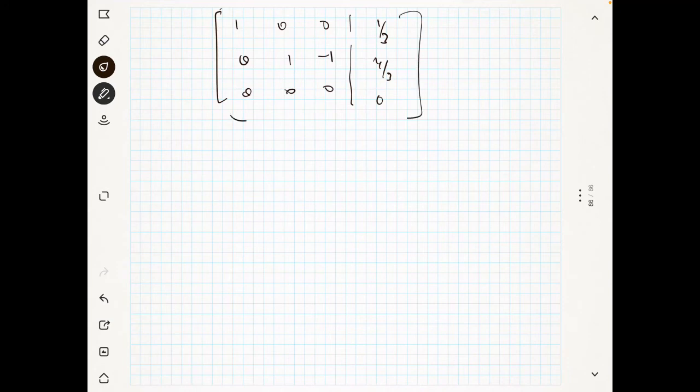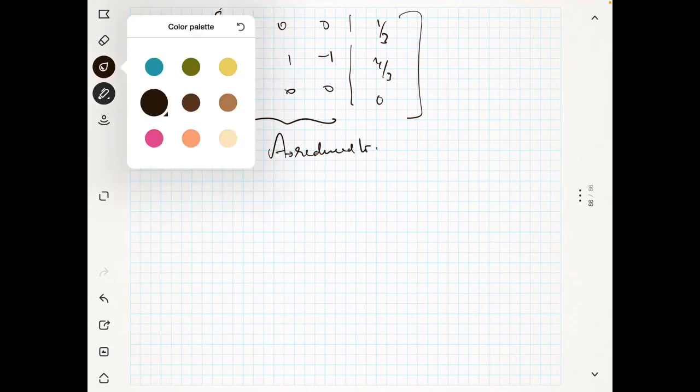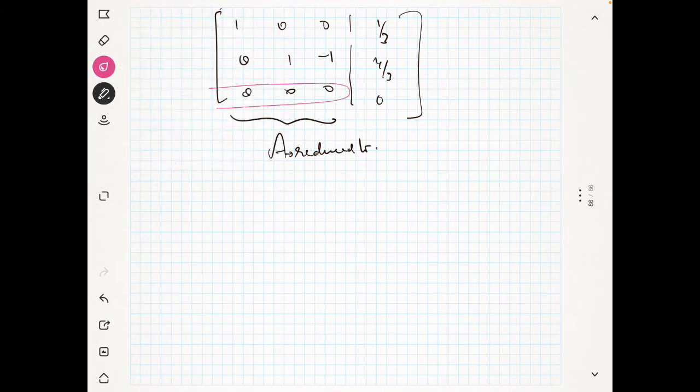Now you see here that your A is reduced like this. A is reduced to this, which has all 0 entries in the last row, including this one as 0. And the number of non-zero rows is 2.